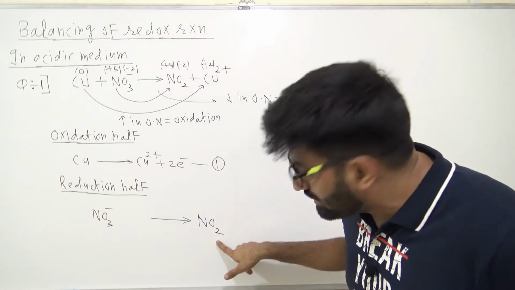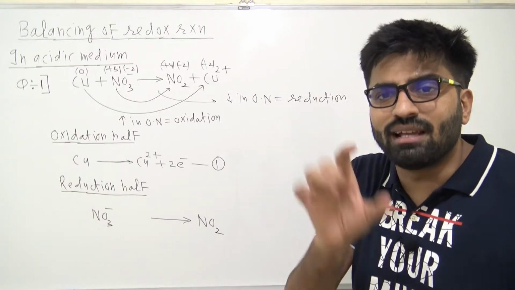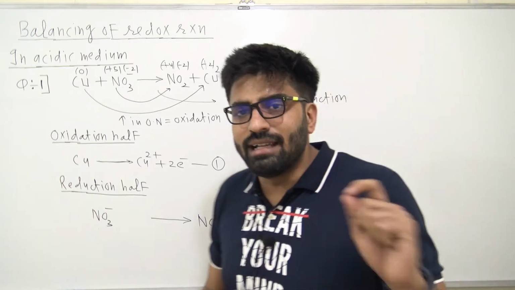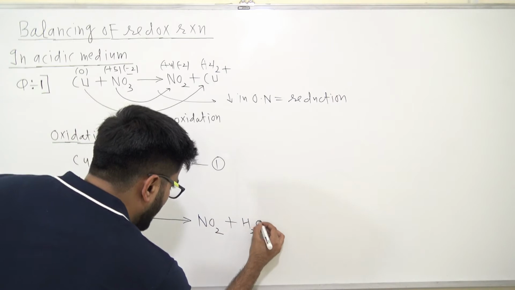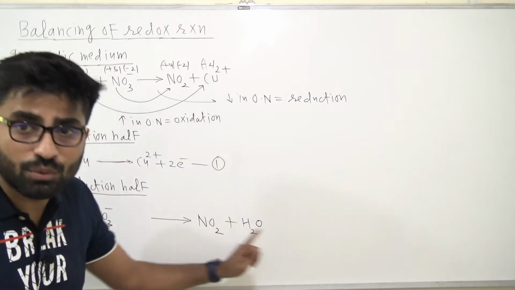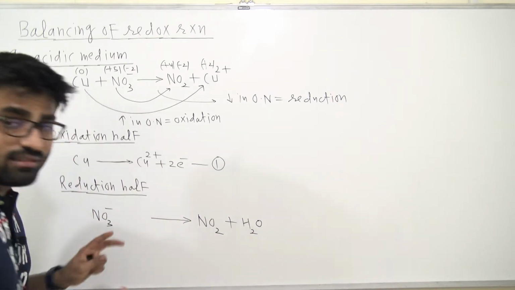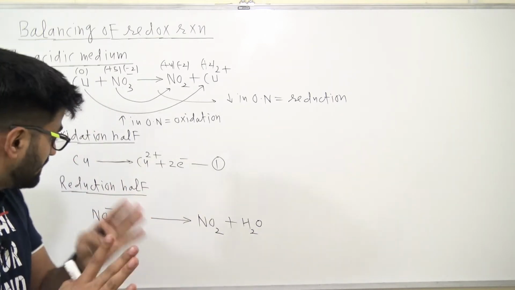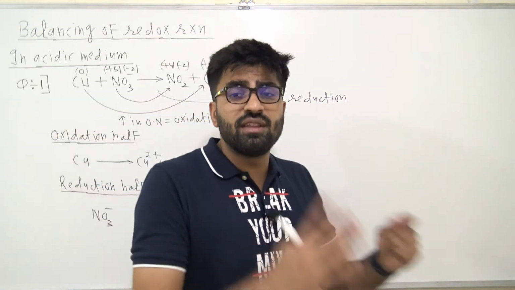Since the product side has 1 oxygen less, we have added 1 molecule of water in the product side. Now there are 3 oxygen, 2 plus 1. Oxygens are balanced.